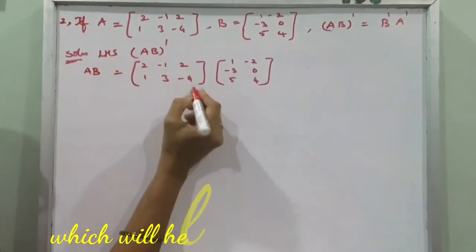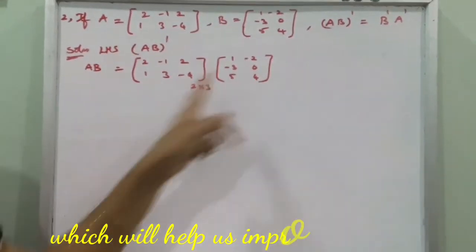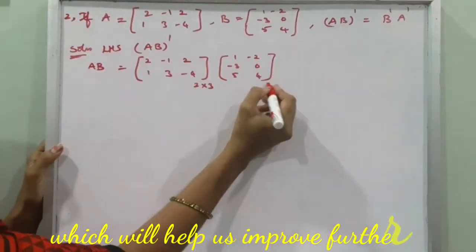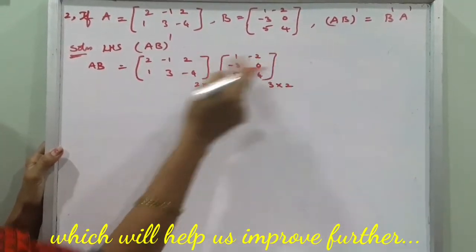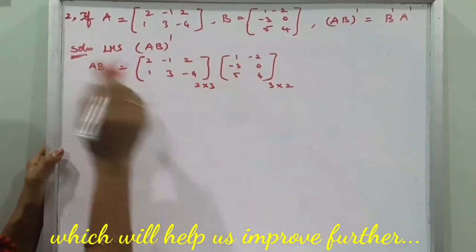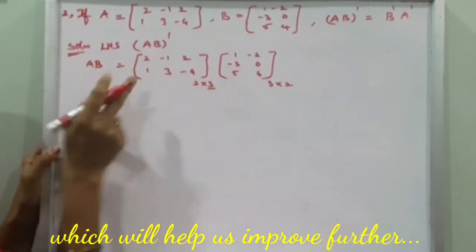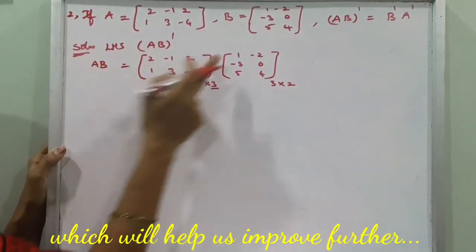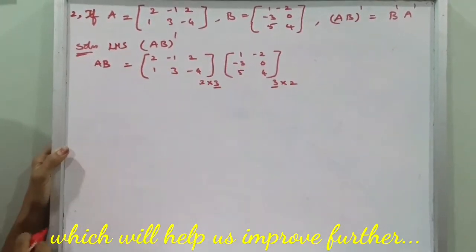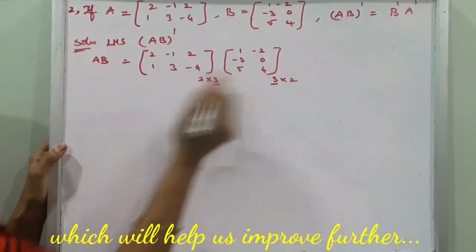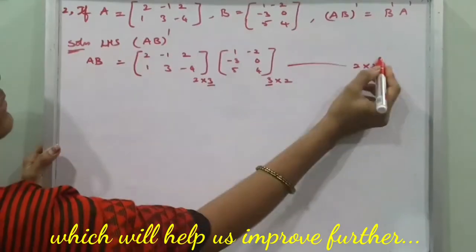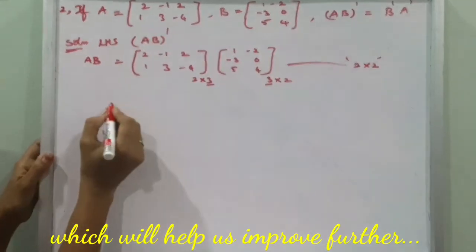Here the order of first matrix is 2 cross 3 and order of second matrix is 3 cross 2. The condition for multiplication of two matrices is number of columns in first matrix is equal to number of rows in second matrix. 3 is equal to 3. We will get a 2 by 2 matrix.